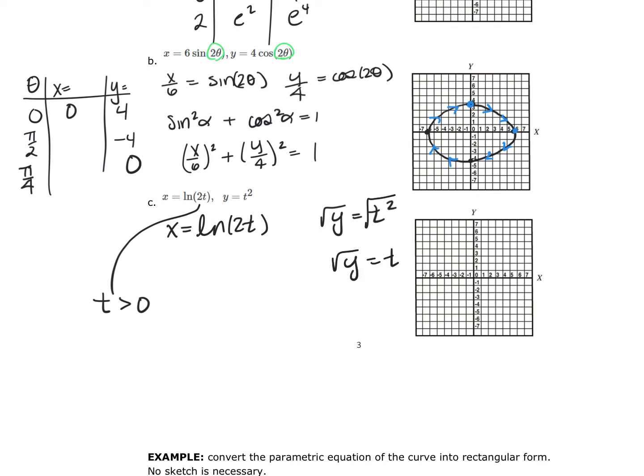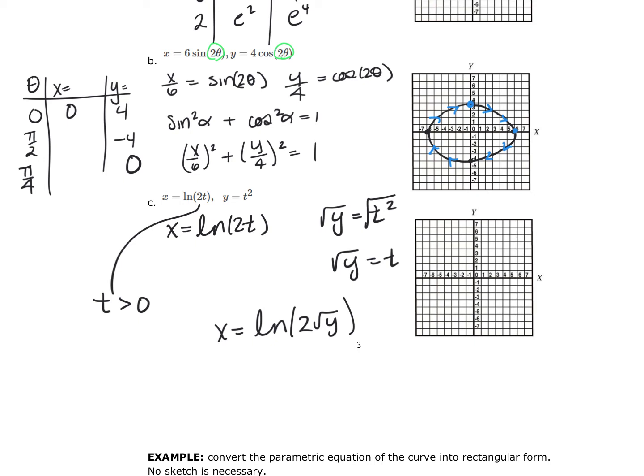So then that tells me that I have x is equal to the natural log of 2 times the square root of y. Now what I have is a function in terms of my independent variable being y and my dependent variable being x. But if you're like, man, I really don't like that, that is totally fine.